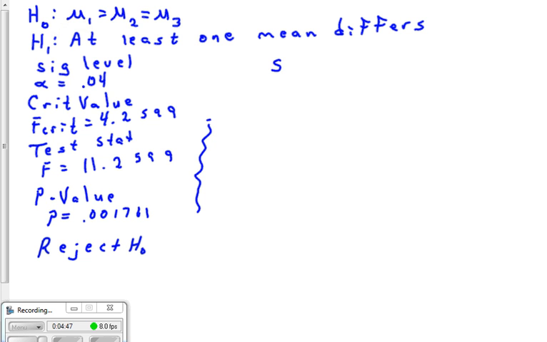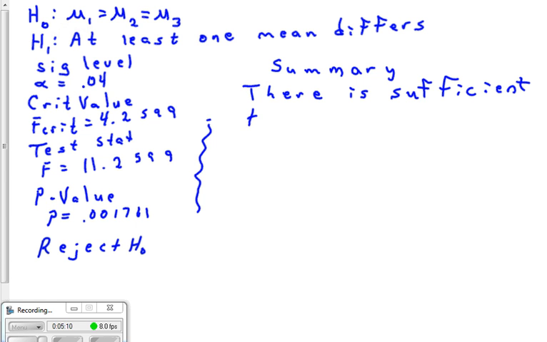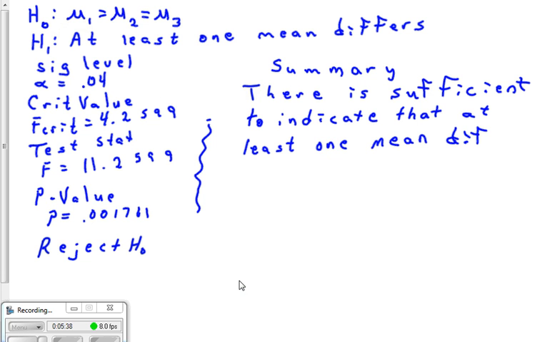So our summary: there is sufficient evidence to indicate that at least one mean differs from the others.